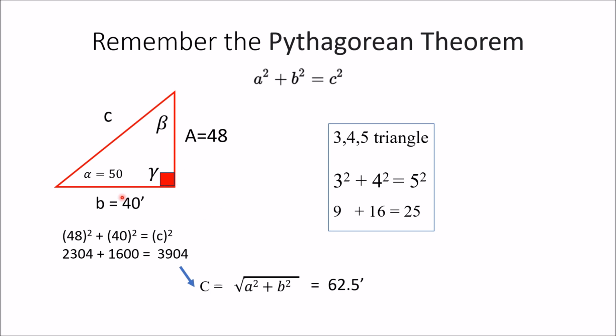So if we knew B is 40 feet and A equals 48 feet, that's 2,304 plus 1,600 equals 3,904. If we take the square root of that, because C is the square root of A squared plus B squared, we find that C turns out to be 62.5 feet.